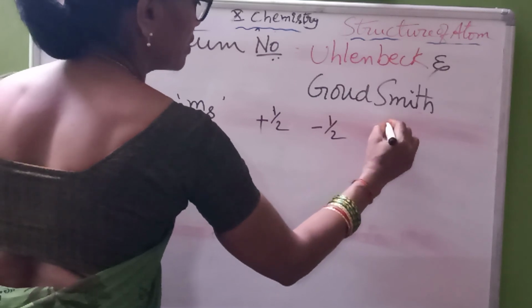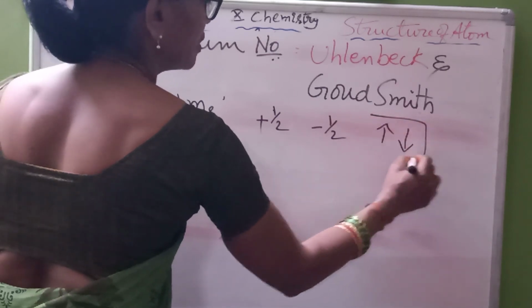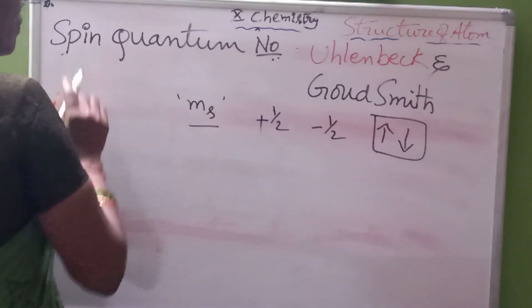If one electron rotates clockwise, the other electron will rotate in the opposite way. The spin of the electrons is represented by the spin quantum number.